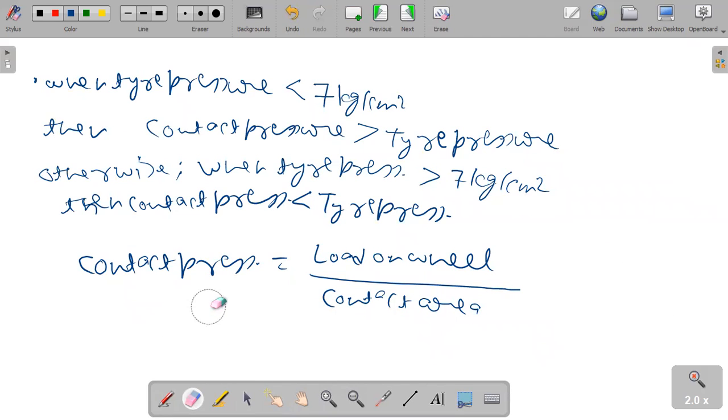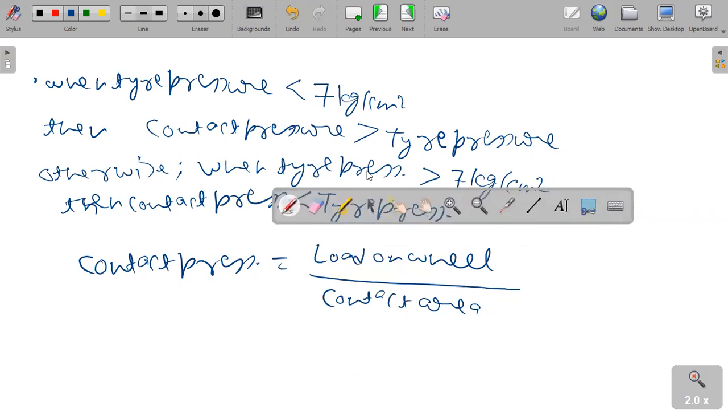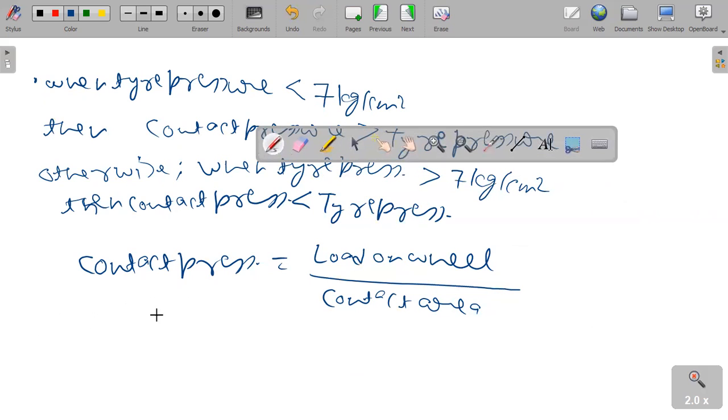In this we have one table which will help you solve numericals. There will be one numerical from this. So let's see a table between contact pressure, tire pressure and rigidity factor.